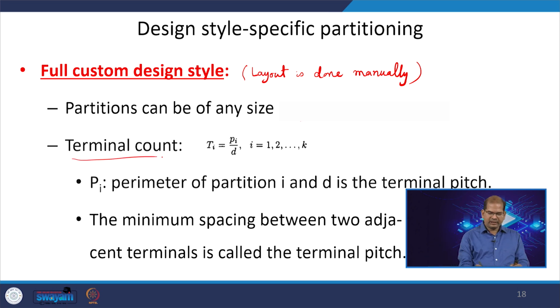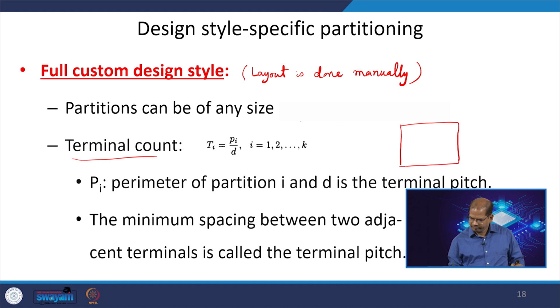We can determine the pin count. How can I determine the pin count? Let us say I have one partition. Let us consider one side of the full custom design, and let us say this distance is 10 micron, just giving an example. Let us say I am creating the pins in metal one, and I have another metal one. So, this is 2 metal one, it is 2 pins.